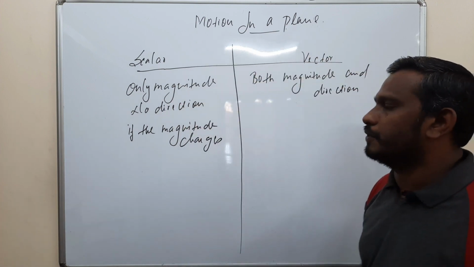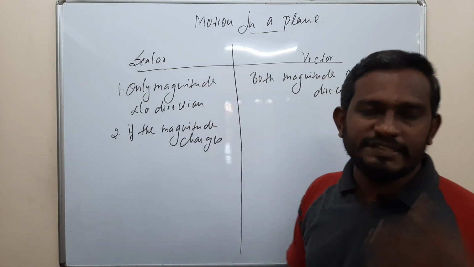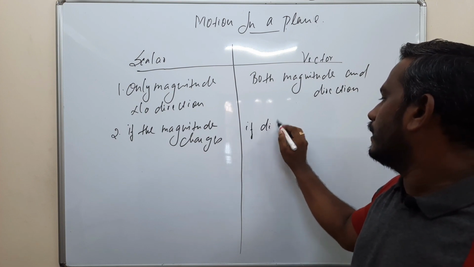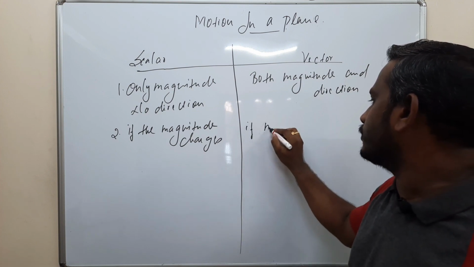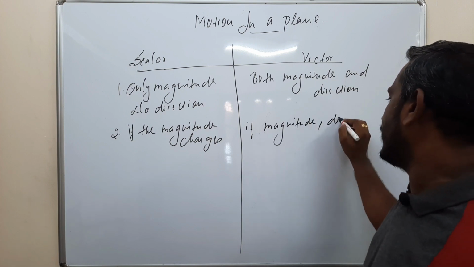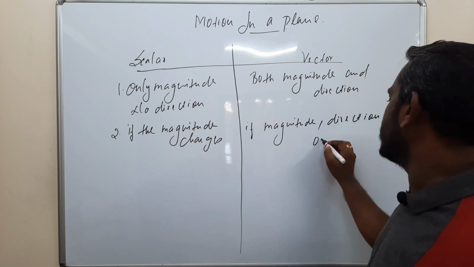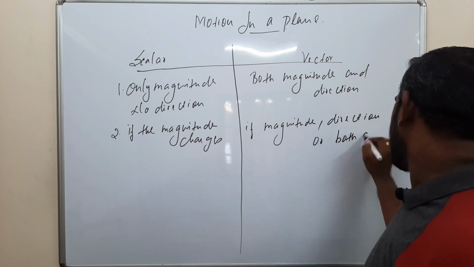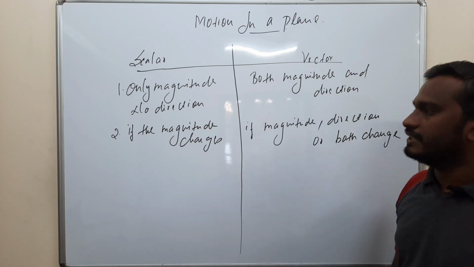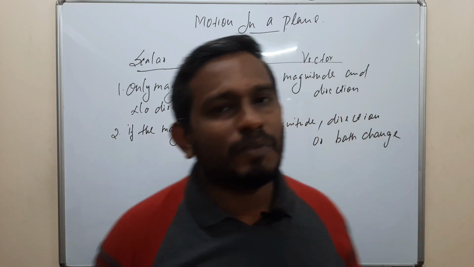The vector quantities change if the magnitude changes or the direction changes or both change.